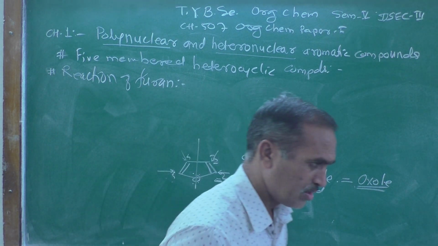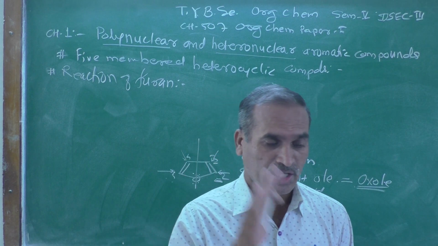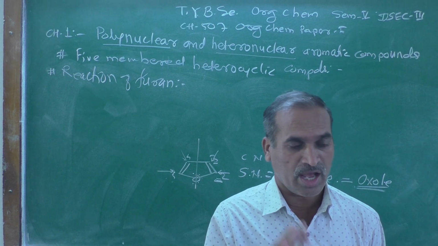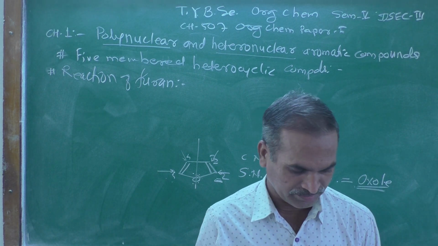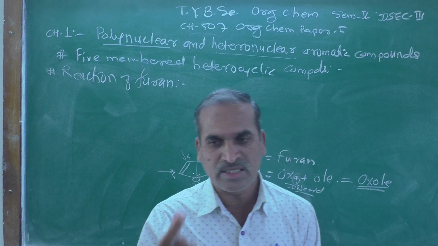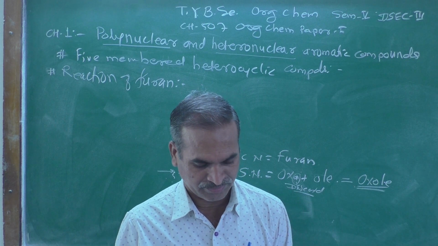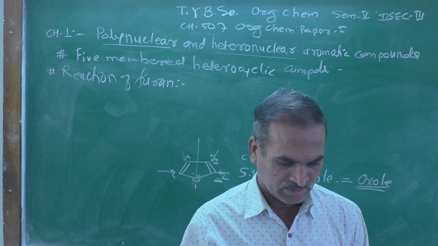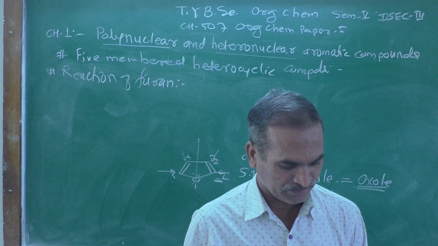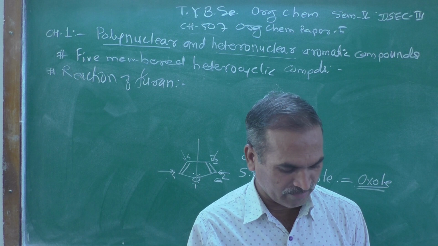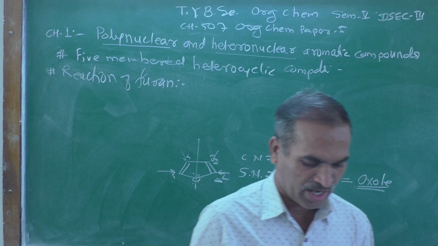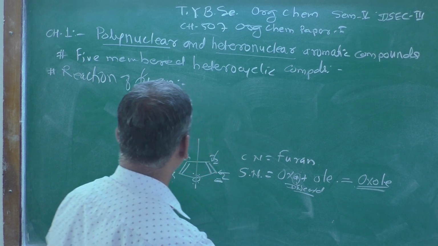Just remember why the electrophilic substitution occurs at 2 position. The answer to that question we would discuss shortly, but here you remember one sentence: furan undergoes electrophilic substitution reaction at 2 position.